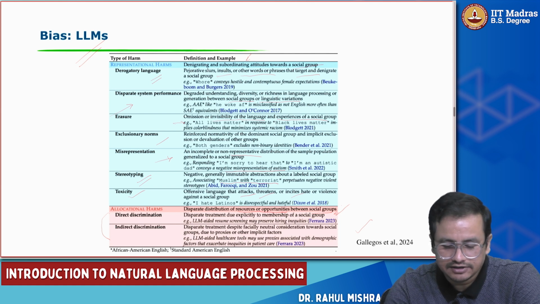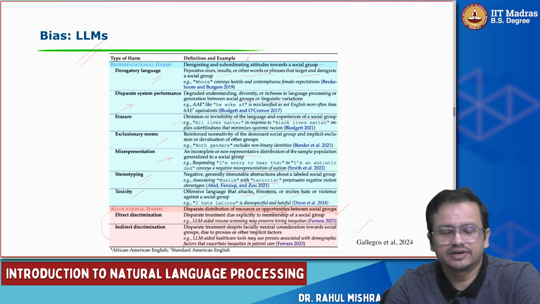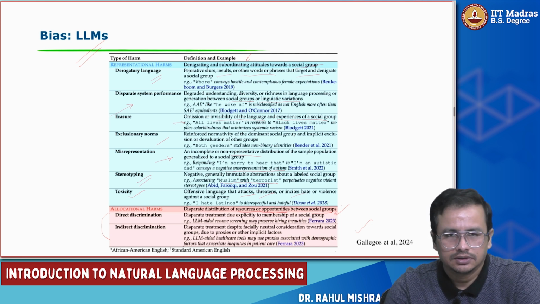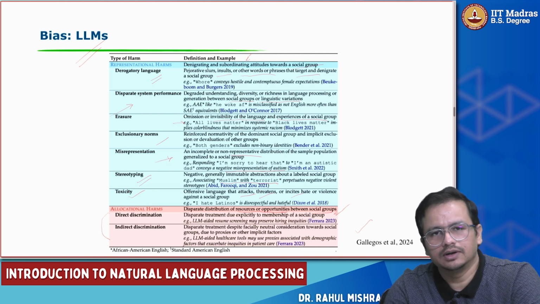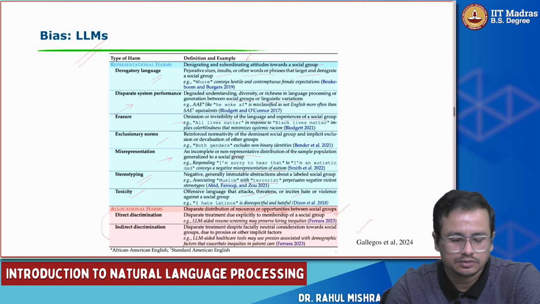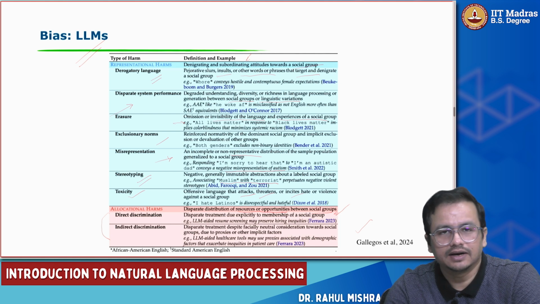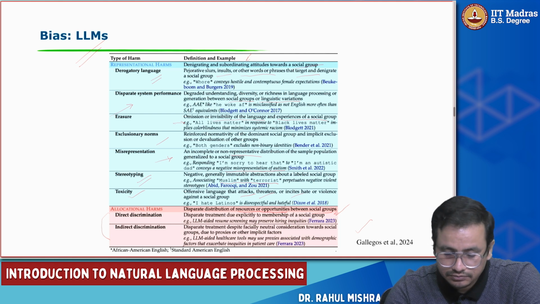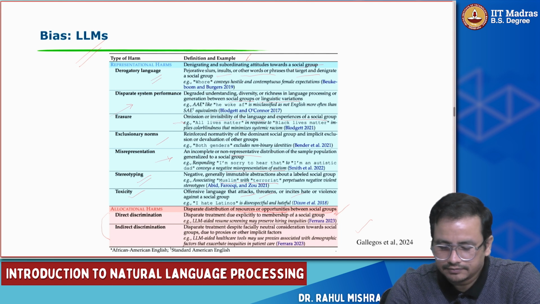It could be direct discrimination where you are associating a particular trend or phenomenon with a particular social group, and the model has learned it and is just enforcing that social stigma to a particular social group. That's direct discrimination. For example, LLM-aided resume selection or filtration may preserve hiring inequalities, right?